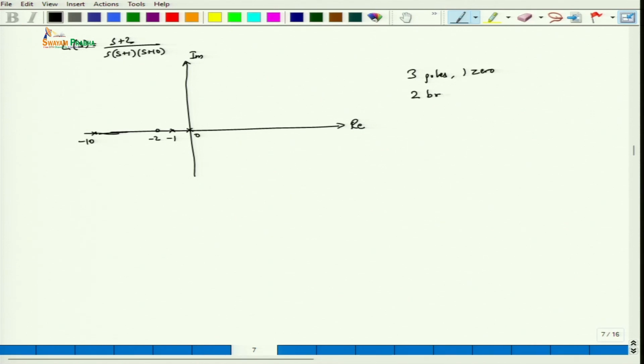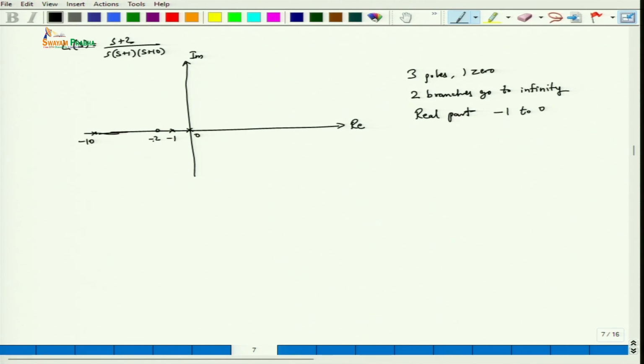So two branches go to infinity. Along the real axis, the positive part, there is no pole or 0, so that won't form a part of this root loci. -1 to 0 forms a part because there is only one pole on the right side. -2 to -1, there are an even number of poles, so that's not a part.